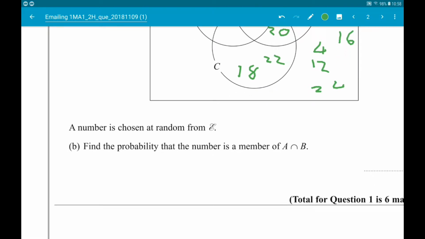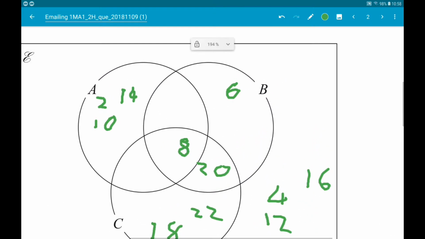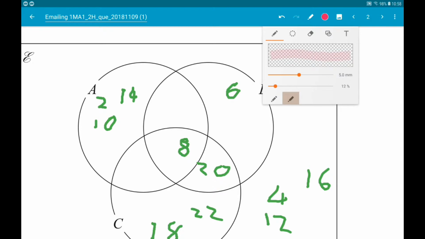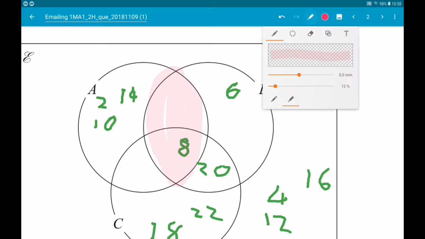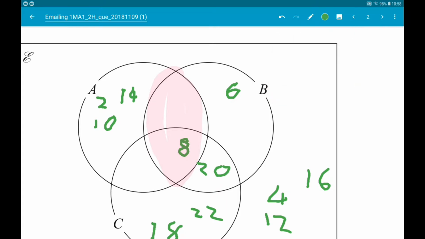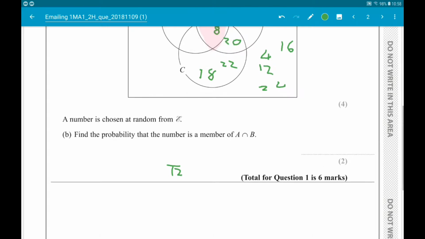So the bottom of the fraction is going to be 12. 12 even numbers in our universal set. And then A intersection B is everything in that overlap. So there's only one number in there, so the answer is 1/12.